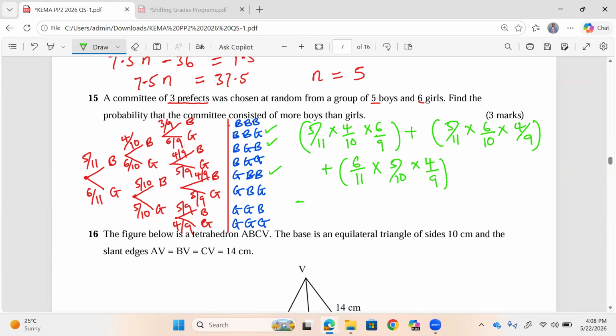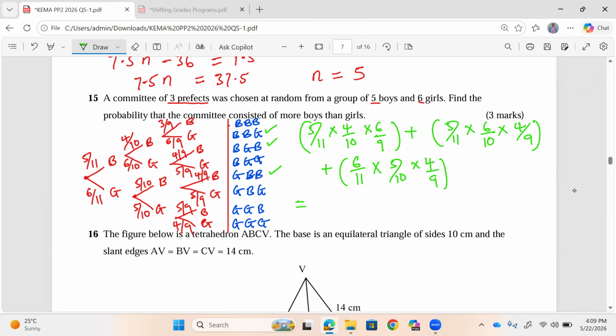So we can perform this and do it once to get to our answer. So allow me to say 5/11 multiplied by 4/10 multiplied by 6/9.